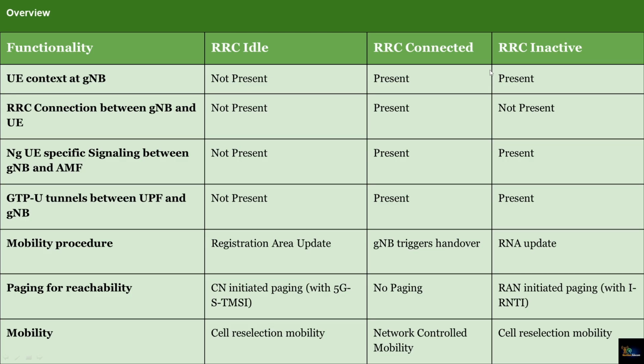In inactive state, the RAN initiates the paging with the I-RNTI. Note that the RAN initiates the paging with the I-RNTI, not the core network; the core network only sends it up to the gNodeB. For mobility, cell reselection happens here, and the same procedure is followed in RRC inactive.